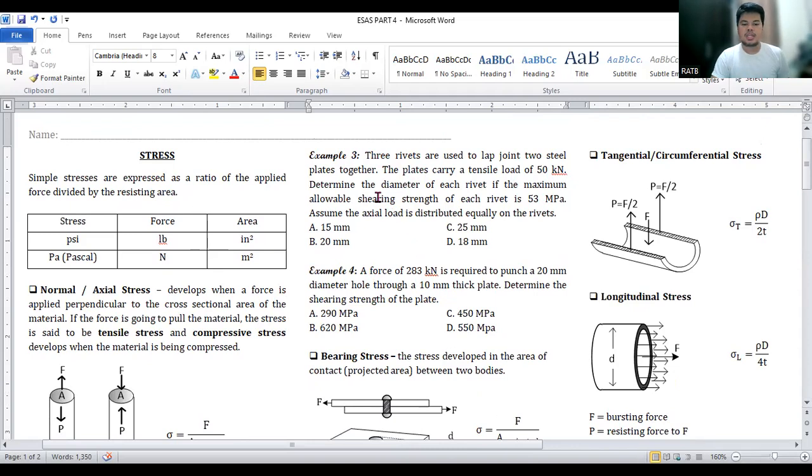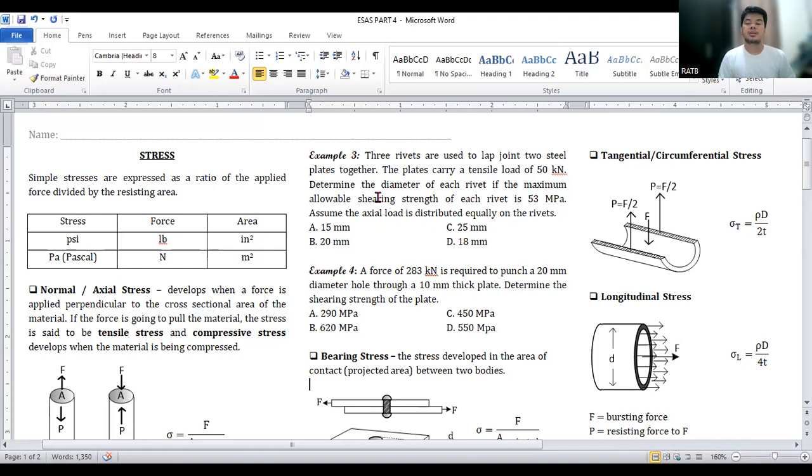But anyway, let us assume that we do not know that the given problem is for shearing stress, because that's the actual scenario in examinations, or perhaps in your board examination, wherein you will not be asked whether it is normal stress or shearing stress. All you need to do is understand what is presented in the problem.